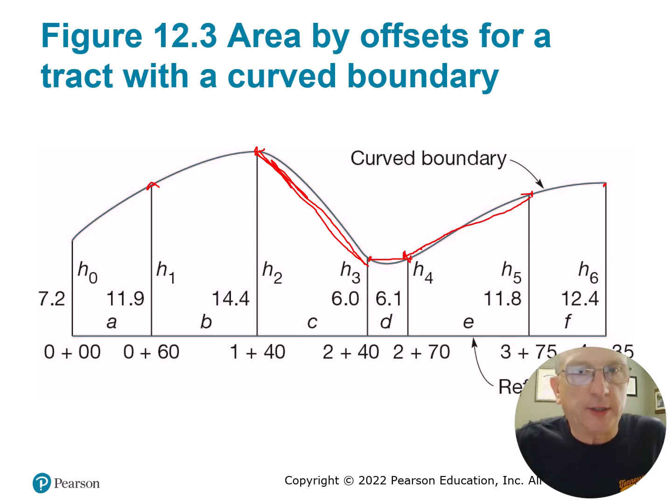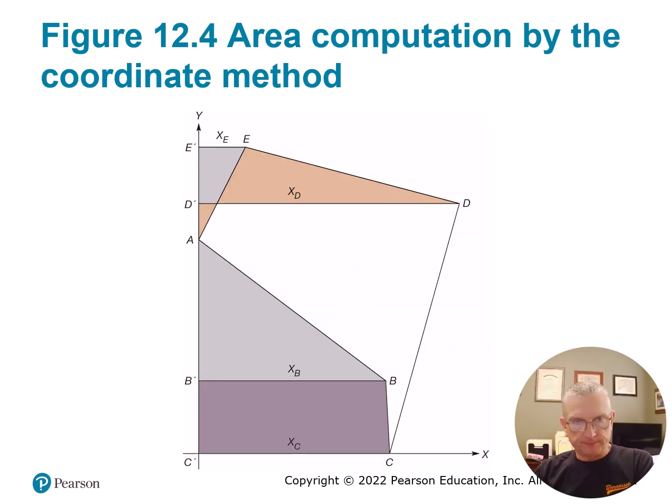Now, just like with our traverse lab, where we're computing coordinates on points from our measurements, we will have coordinates on points, just like this. And what you can do here is break this shape, this A, B, C, D, E, F form into various geometric shapes that you can solve.